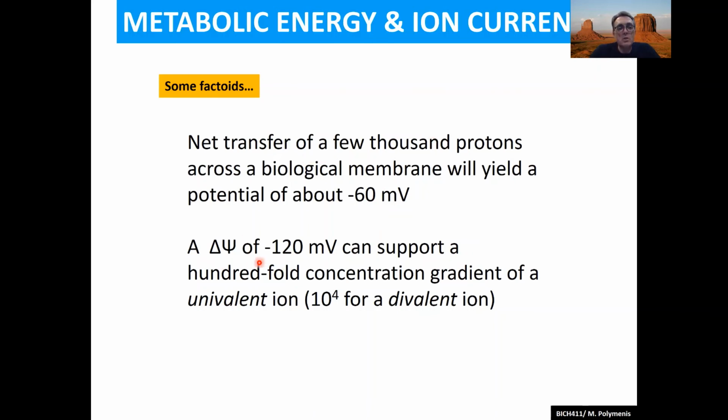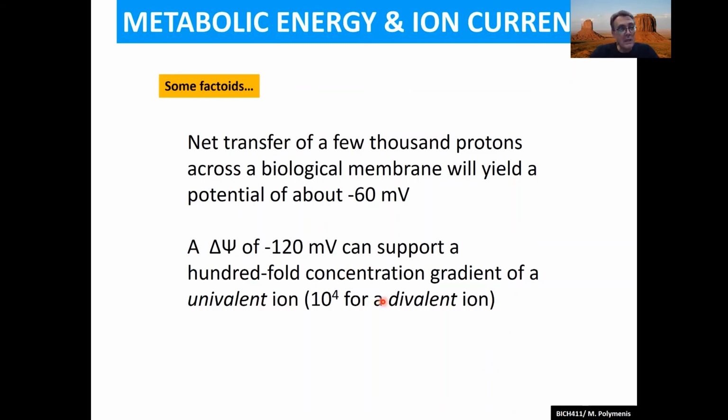If you have a potential of about 120 millivolts, remember, a biological membrane can go up to minus 500 millivolts, right? So there is enough of a difference. We rarely get there, if ever. But the 120 millivolt difference can support a 100-fold concentration gradient. Again, remember that you have the chemical and electric imbalance, and that's for a univalent ion.